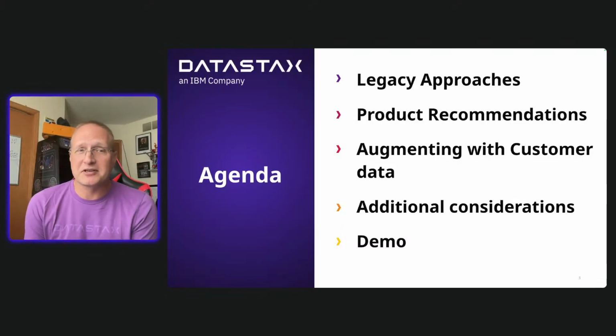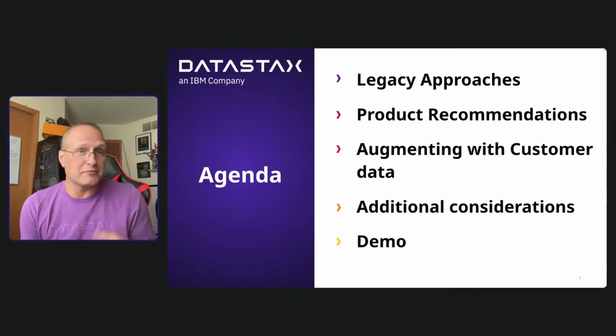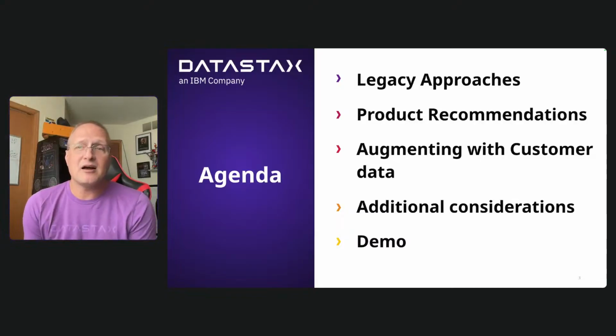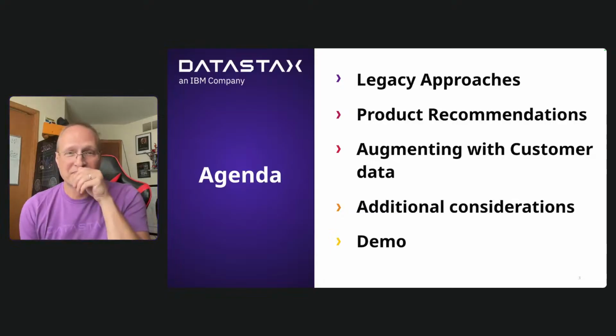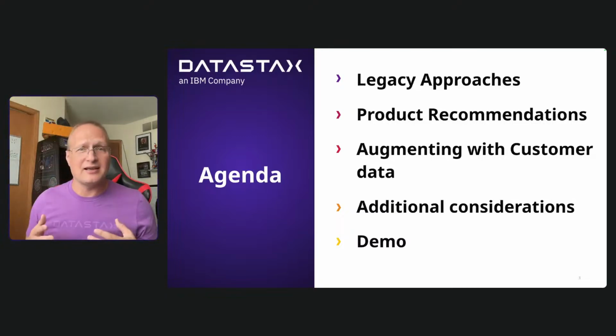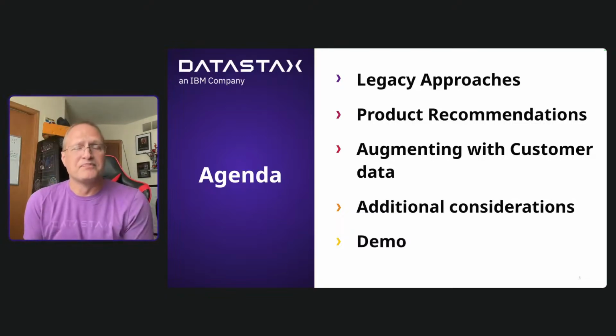We'll maybe talk about how to personalize those recommendations by augmenting them with customer order data. And then, of course, some additional considerations, more along the lines of understanding your business logic, and how that plays into building a good product recommendation system.